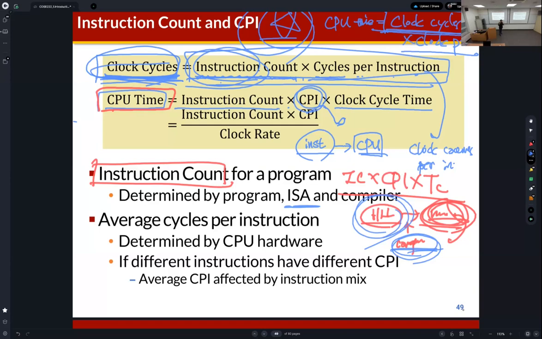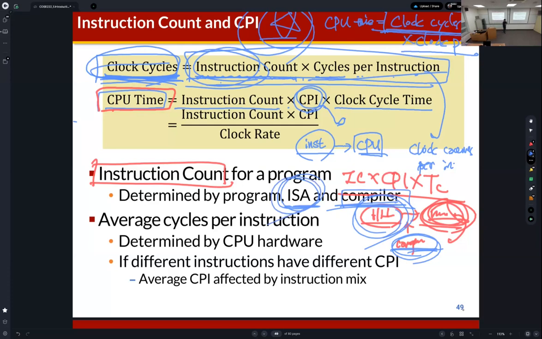Firstly, software. It is determined by algorithms or the ability of the software engineers, right? And the compiler is also important, so the quality of the compiler also decides the instruction count. And ISA, instruction set architecture.